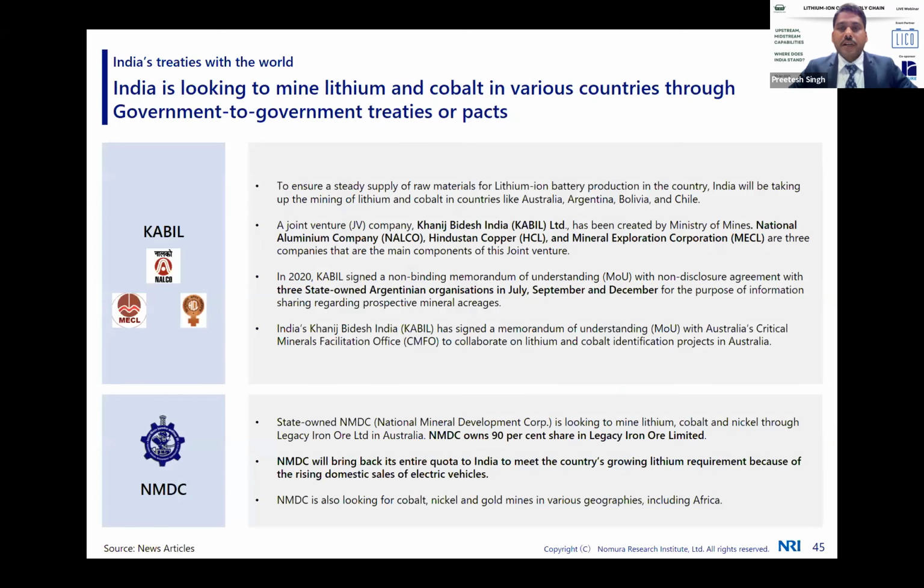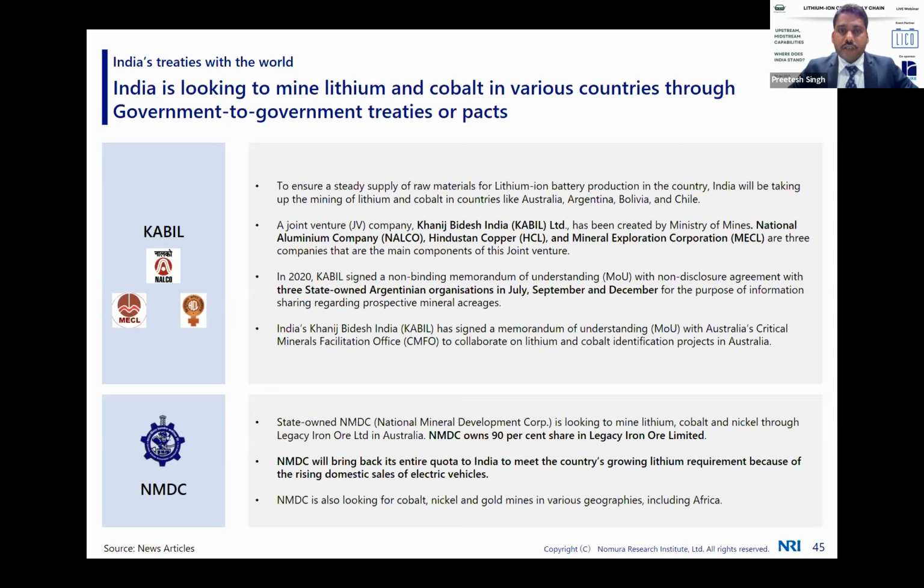Company to company collaborations are not going to help such capability building. So there is a huge requirement of G2G collaborations, and NALCO, MECL, and other organizations have come up with a very good plan, something similar to the model of ONGC Videsh.